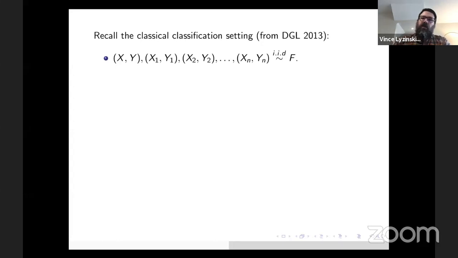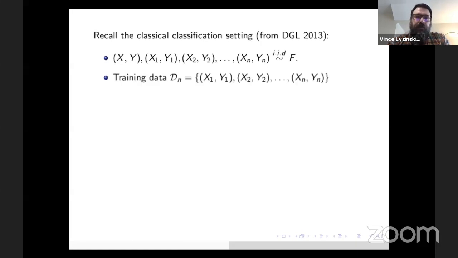So remember classical consistency in a classification setting, where you have n IID training data points. These are the data, these are the labels, and then the task is, given a new X, find the unknown label Y, and these are all IID points.